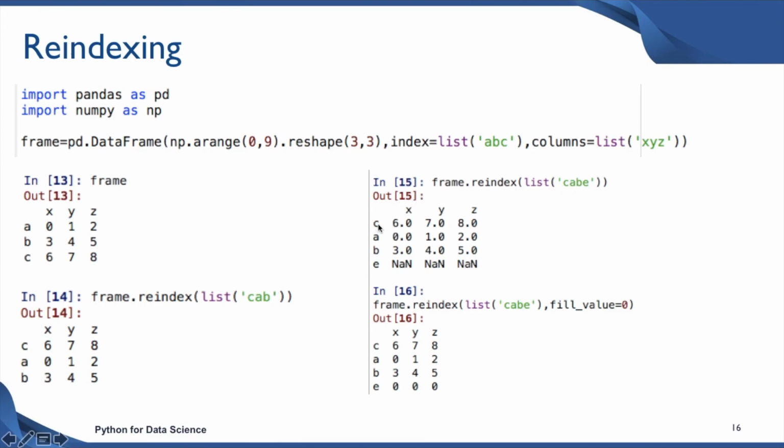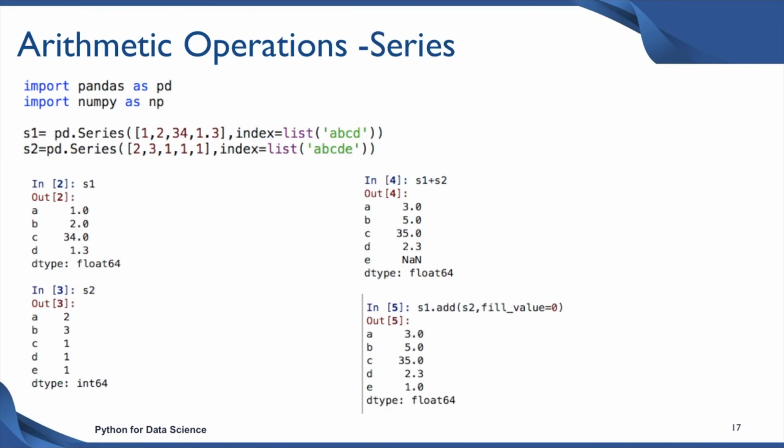In this example you can see that the index was A, B, C, and we have converted it to C, A, B and E, right? In this, E is not present, so it will give you a NaN value. But if you want to have your fill value, all these values will be filled with 0, right? So this is how we can also do the reindexing part in your data frame.